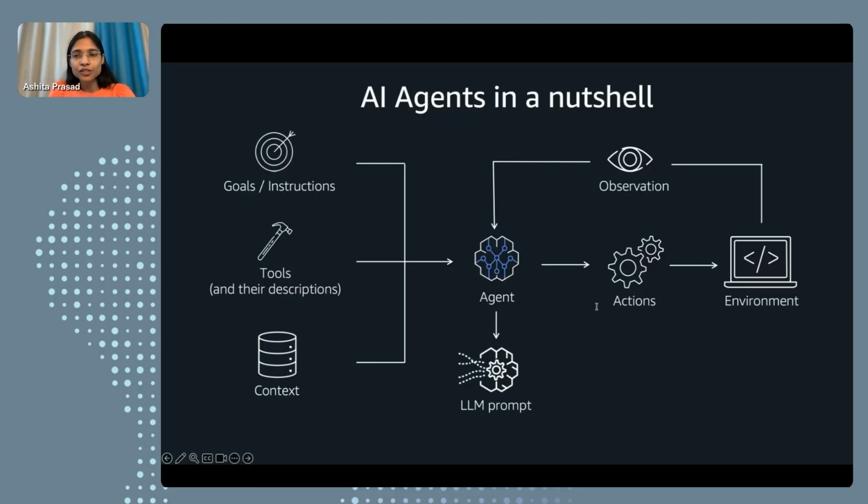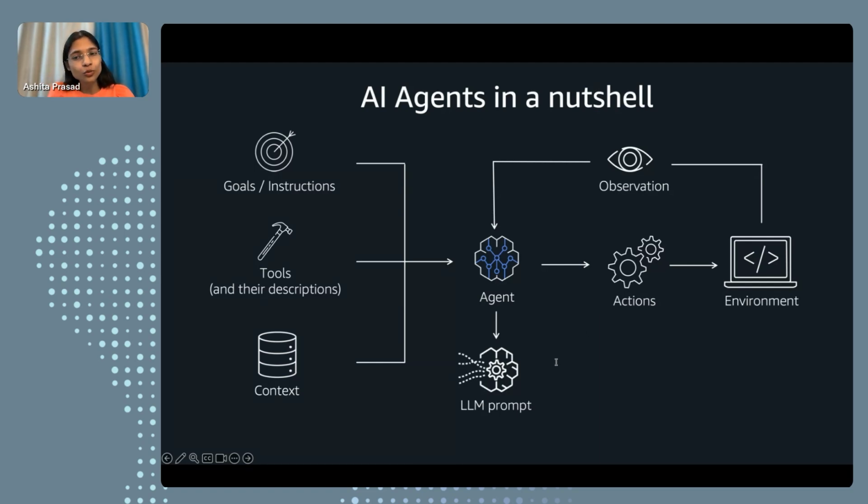And all these actions will happen in an environment. Now that environment can be your computer, it can be your cloud service, it can be your AWS console, it can be anywhere. And the agent now isn't just talking about doing something, it is actually doing it.